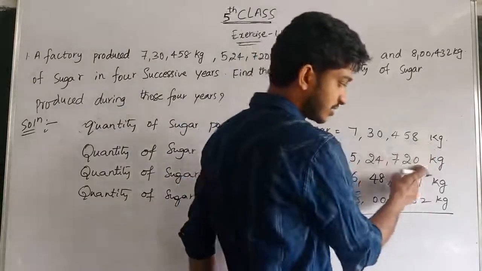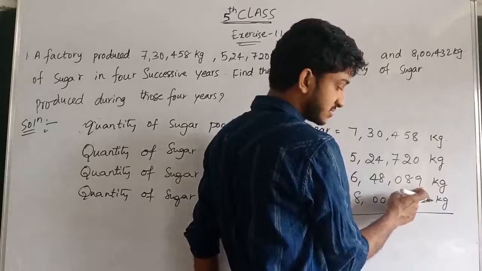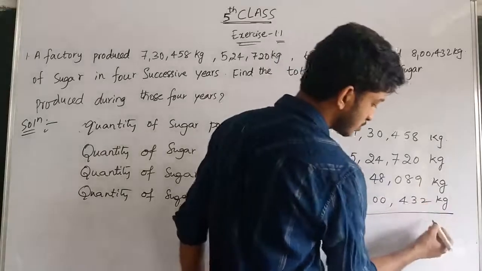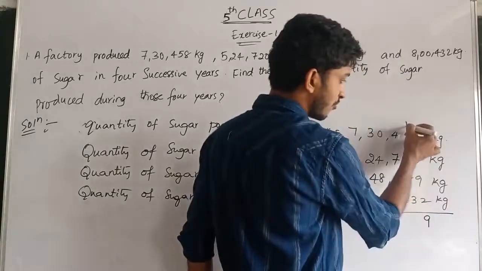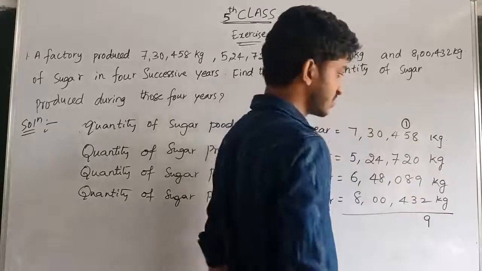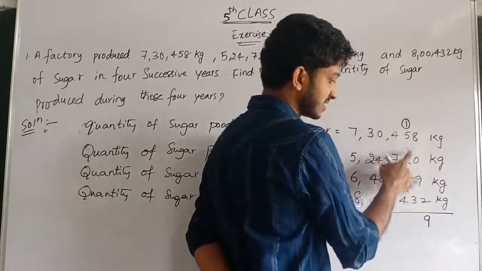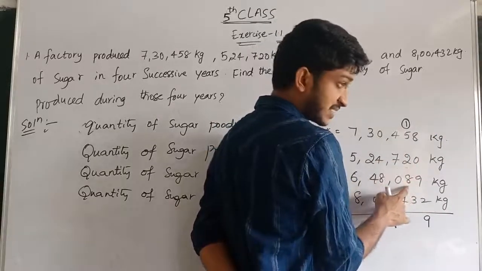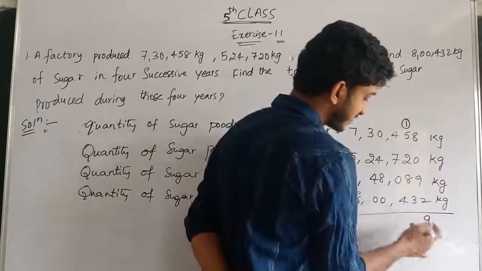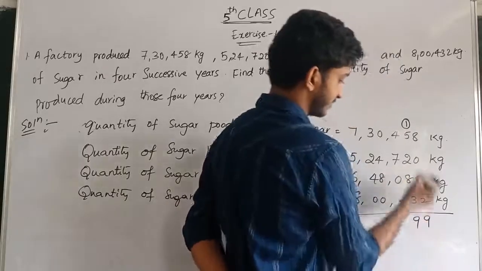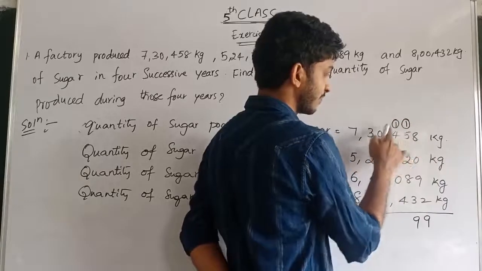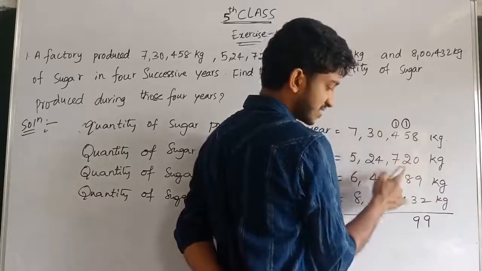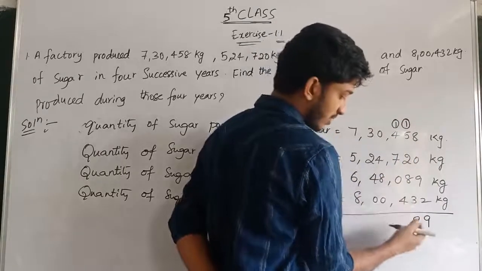8 plus 0, 8. 8 plus 9, 17. 17 plus 2, 19. So 9 here, 1 is carry. I am adding it to 5. 1 plus 5, 6. 6 plus 2, 8. 8 plus 8, 16. 16 plus 3, again 19. So 1 I am adding here. 1 plus 4, 5. 5 plus 7, 12. 12 plus 0, 12. 12 plus 4, 16.